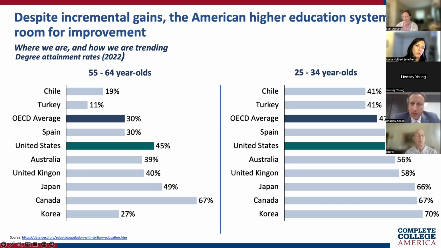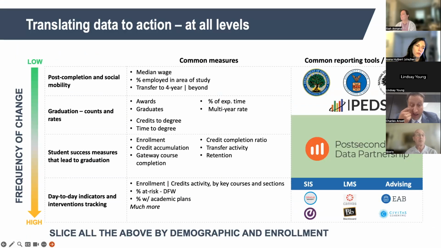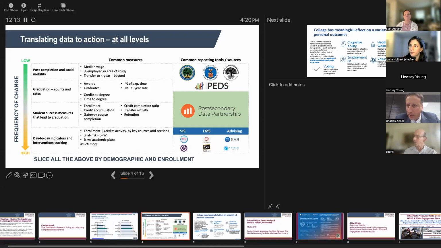if you were able to have those sorts of attainment rates, or in lieu of that, some other substantive target for civic learning and democracy engagement writ large for post-secondary, for higher ed, then you could conceivably do something like what we do at CCA for student success overall, where you have at the top layer, and I don't know if you can read it, but you can zoom in and we can share this later, certain post-completion metrics that are tied more directly to democracy and civic learning and civic engagement.